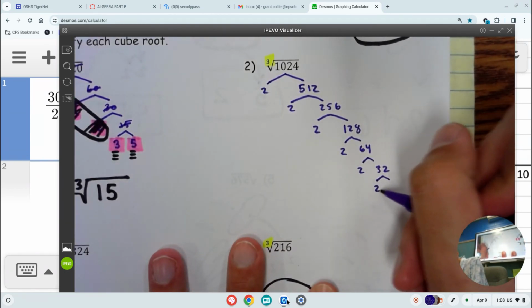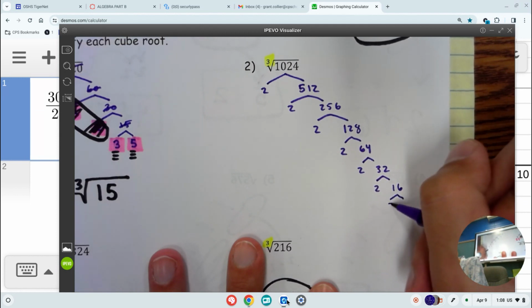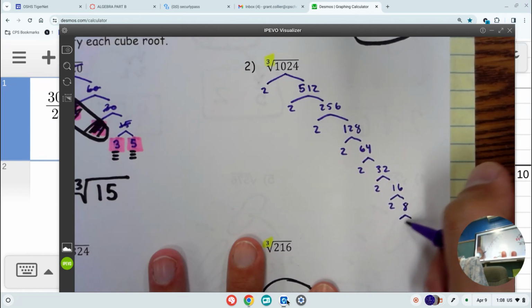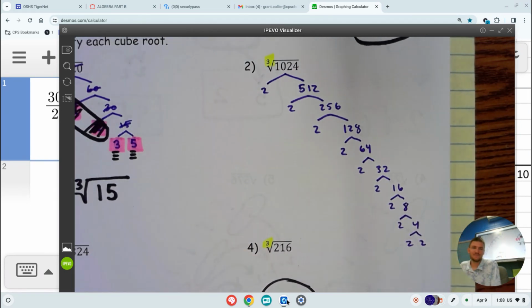Keep it going. 2 times 16. 2 times 8. 2 times 4. And 2 times 2.